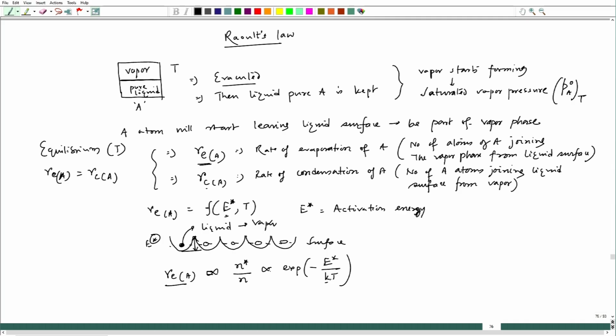Here we have used k because we are talking about atoms leaving the liquid surface and joining the vapor phase. Here N star is the number of A atoms on the surface of the liquid acquiring energy greater than E star, and N is the total number of A atoms.